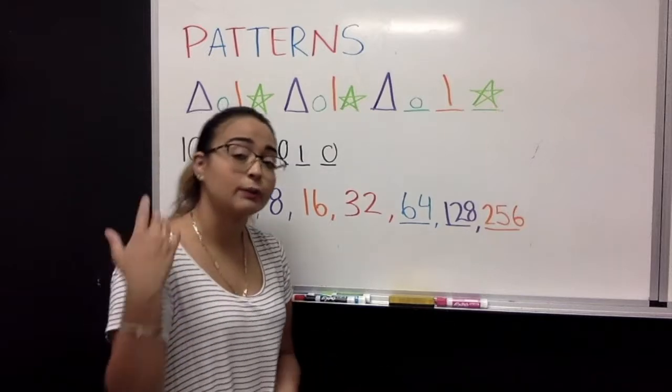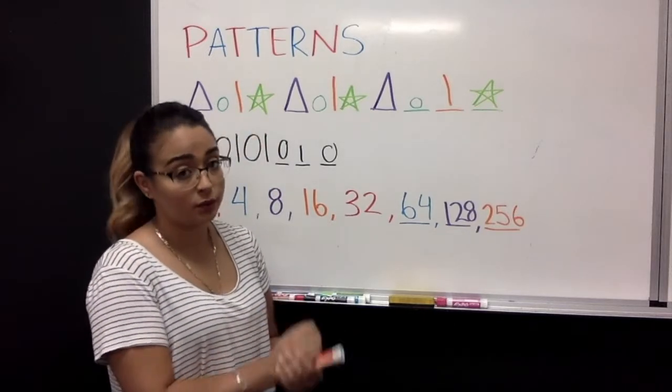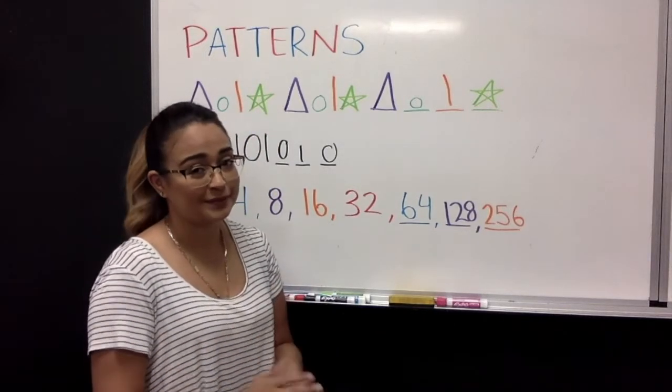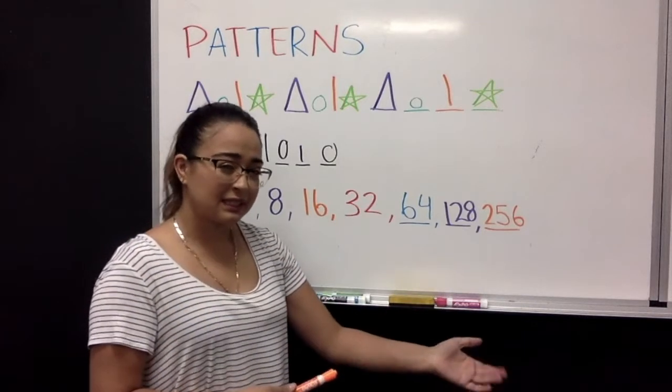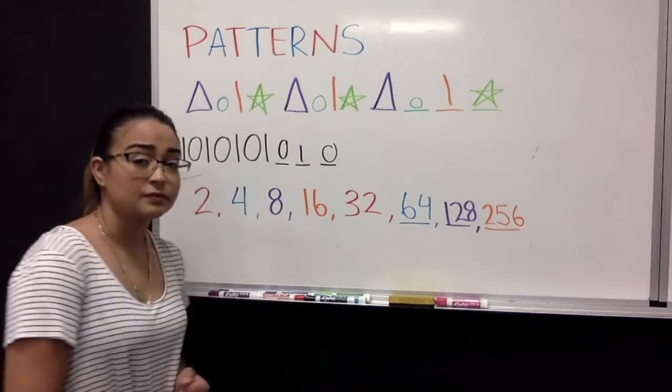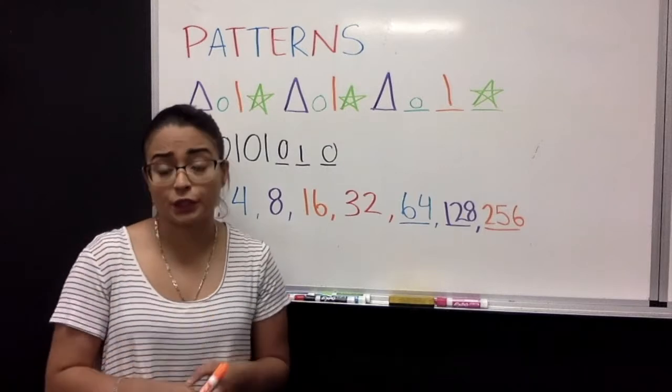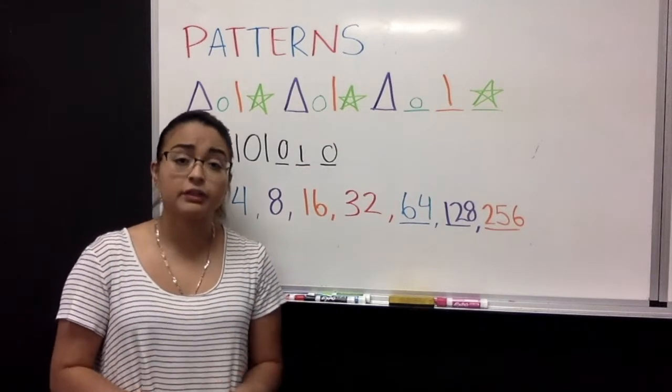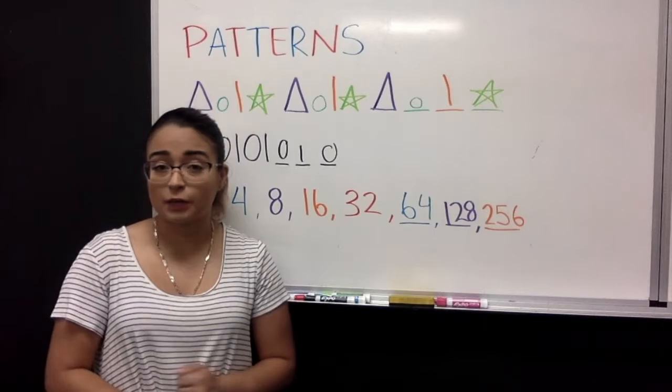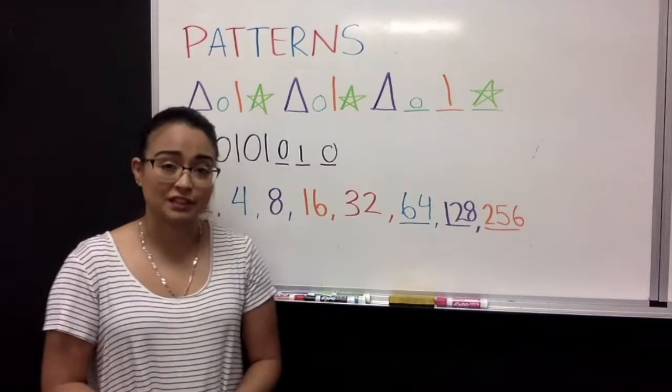Or you can do it by multiplying each one by 2, which I think is simpler. Does this all make sense to you? Remember, if you have any questions or something did not seem clear enough, please let me know. I'm here to help you, and I'll find a way to help you on the spot, okay?